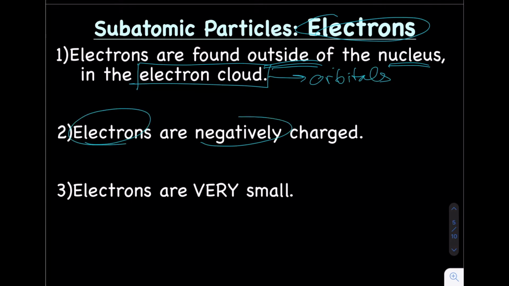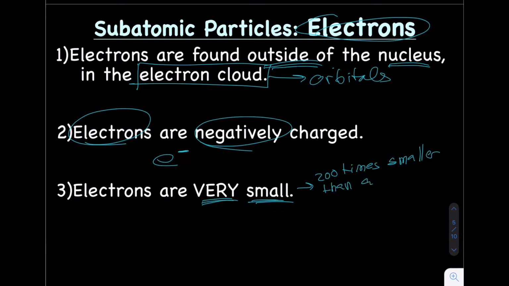Electrons are negatively charged, okay, and they're symbolized by a lowercase e with a superscript of a negative. Electrons are very, very small. I mean, all three subatomic particles are very small, but if we just compare them to each other, the electrons are like 200 times smaller than a proton or neutron.